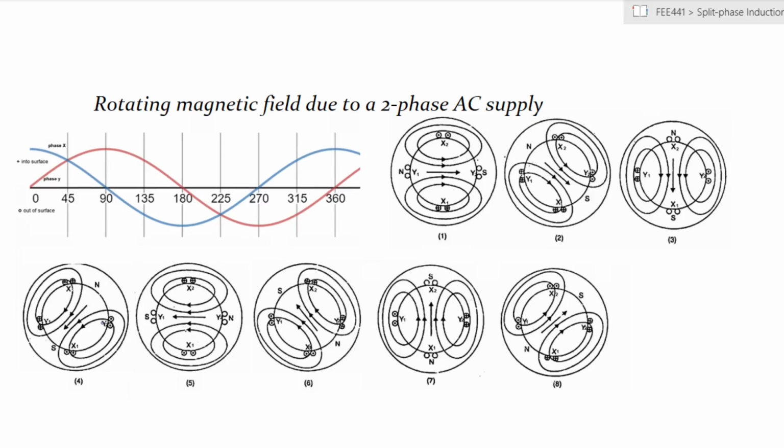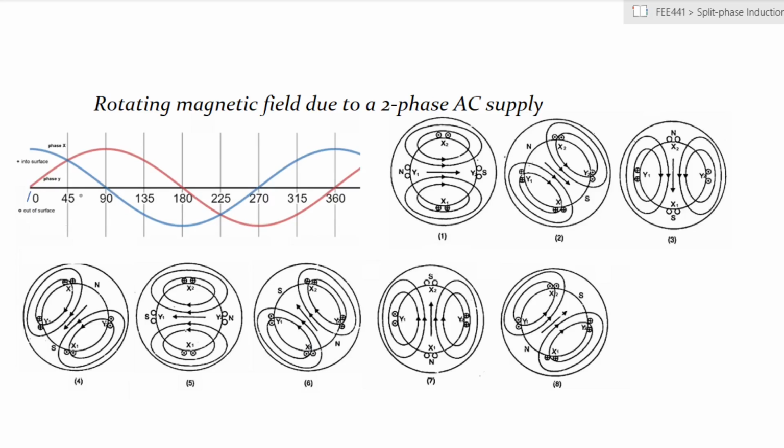Imagine we had two phases that we could put into the same windings of the same motor. This is a demonstration of two different phases being applied in the same space at different times.